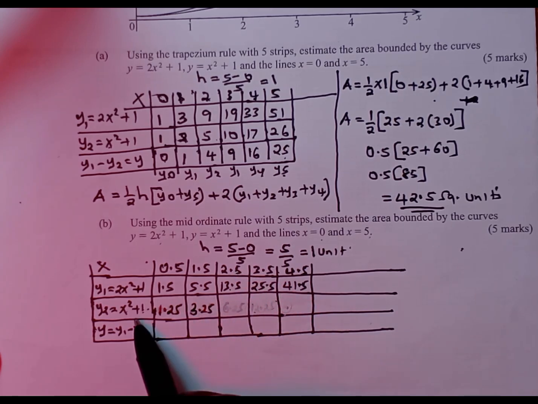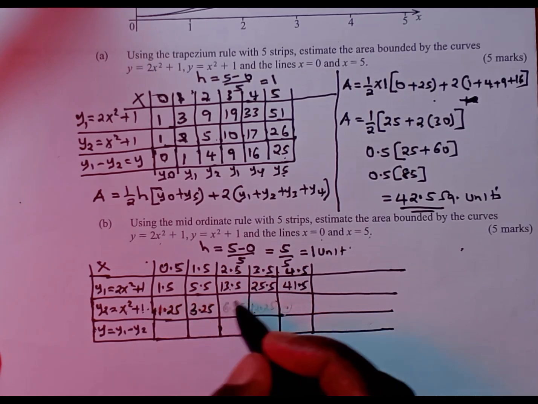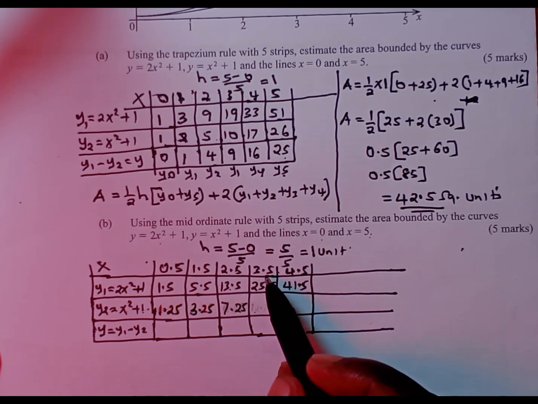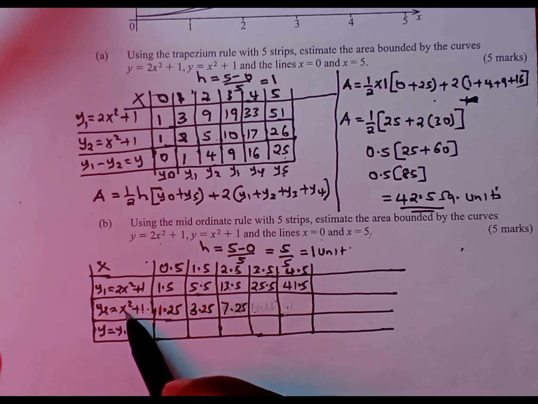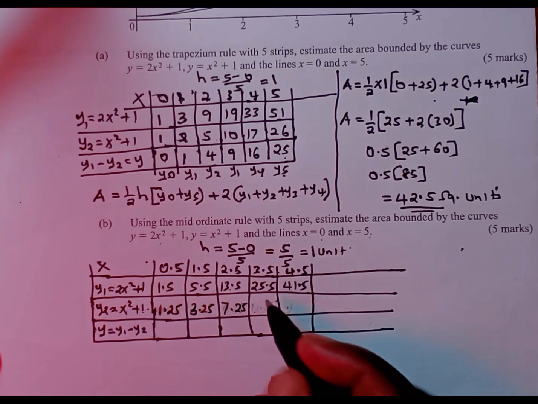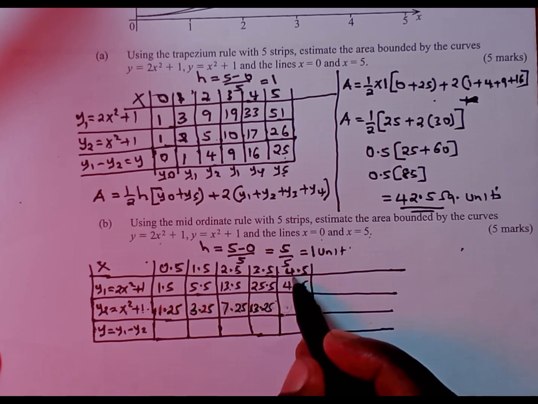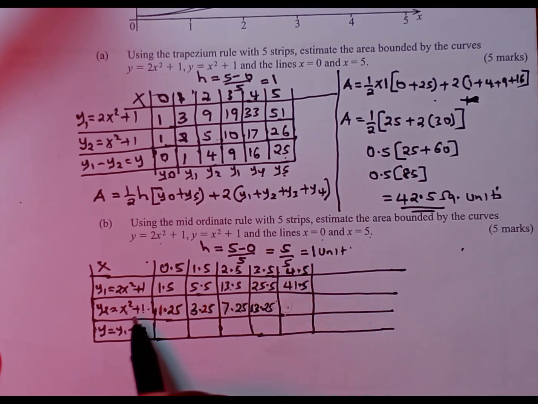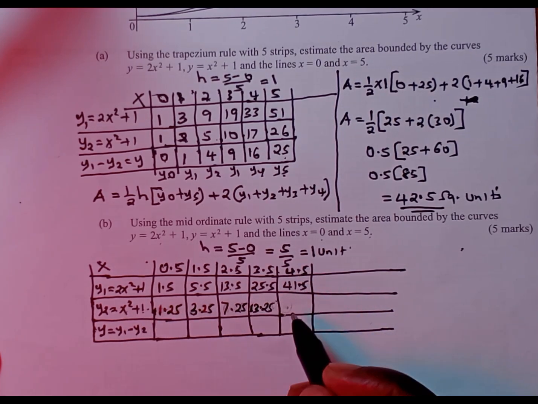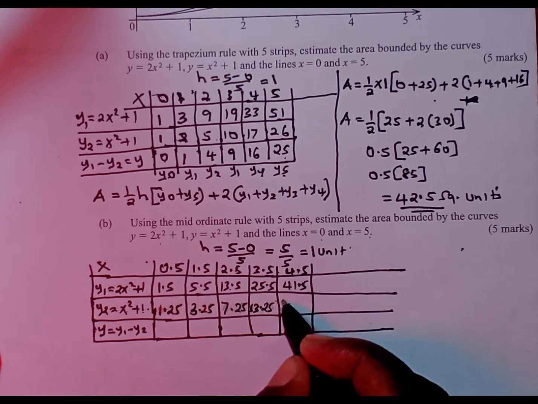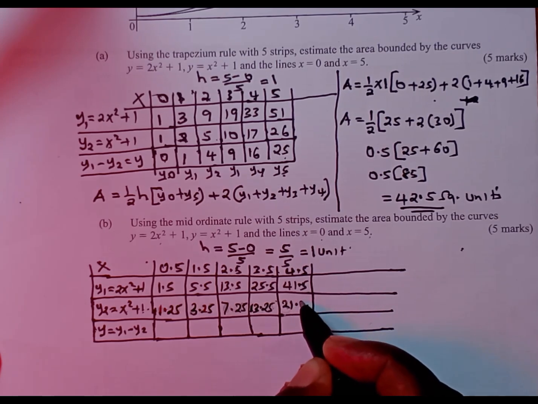Then 2.5 back into the equation will give us 7.25. Then 3.5 squared, you add 1, you get 13.25. And lastly, 4.5 squared, you add 1, you get an answer equivalent to 21.25.